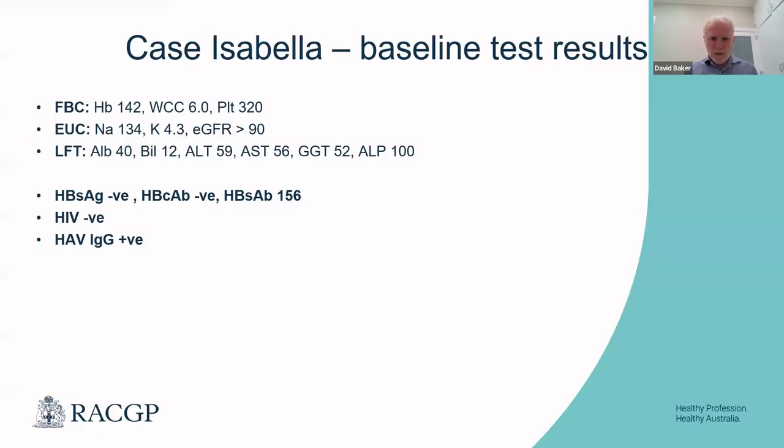Liver function, she has raised liver enzymes, which would be typical of chronic hepatitis C infection. Hepatitis B serology, she's immune via vaccination. She might have had a vaccination via the school program. Fortunately, HIV negative, and immunity to hepatitis A. Next slide.